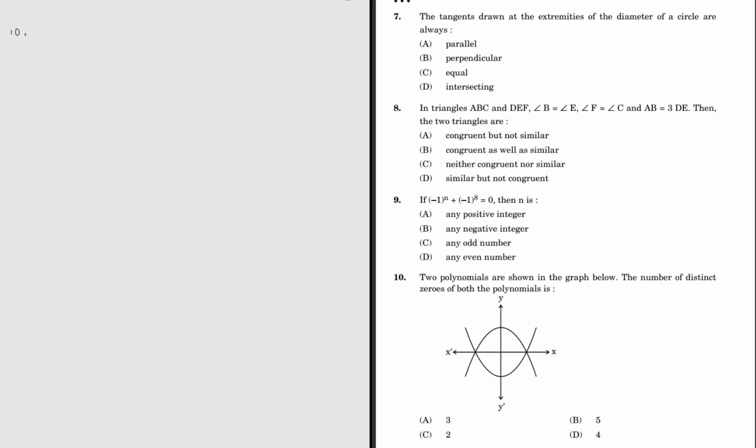Now we will go to the 10th question. Two polynomials are shown in the graph below. The number of distinct zeros of both polynomials is. Okay, first we will simplify the graph. We will draw the graph.